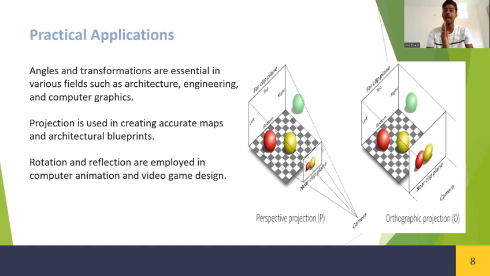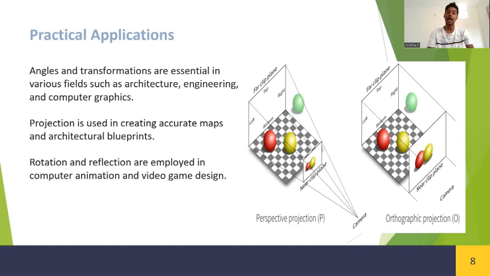In architecture, angles and transformation play a vital role because they need to give a 2D or 3D view of the planned project, to showcase how the project would come out. While constructing a home, they give a plan in a 2D or 3D way showing how the home will look.